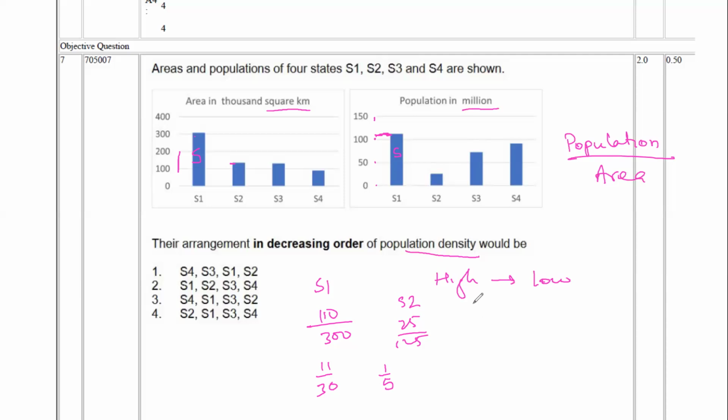So I'll take it as 70. And this is all million per square kilometer. And this one would be the same as S2. So 125 I'll take. So that is 70 by 125.